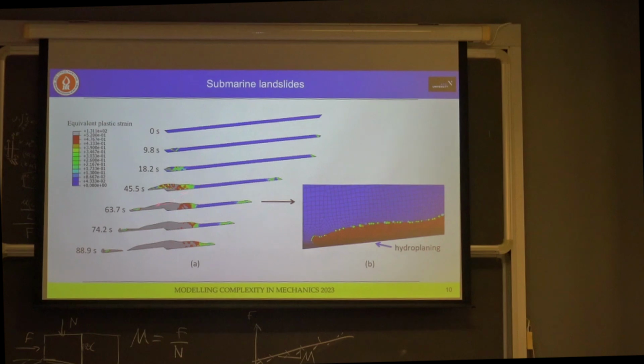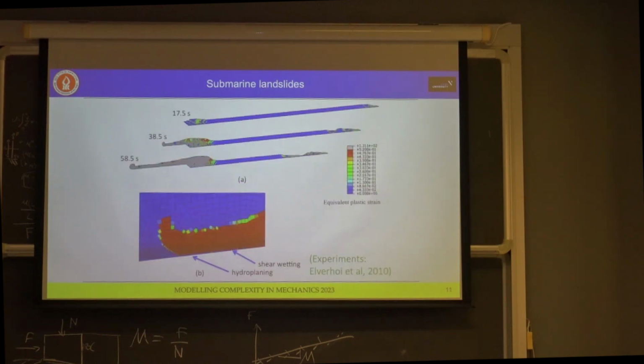So we have this head, then the head is separated from the body. Also, we can see here the hydroplaning. The layer of water is concentrated in one element width below the sliding body. Here, it's then mixed with soil, and somebody called it shear wetting, some definition by some Norwegian guy, I think.